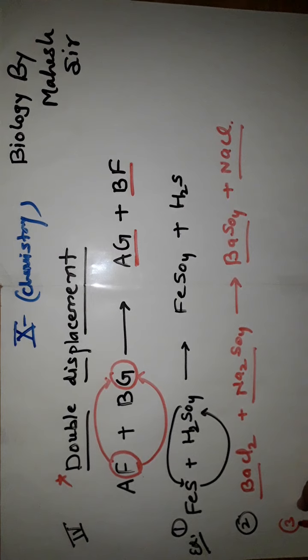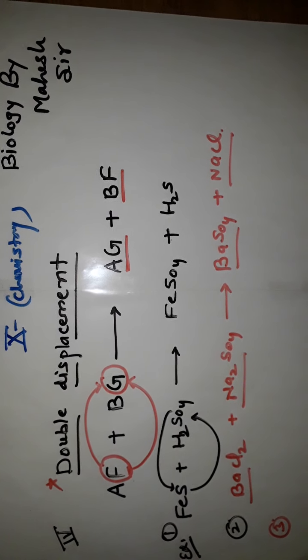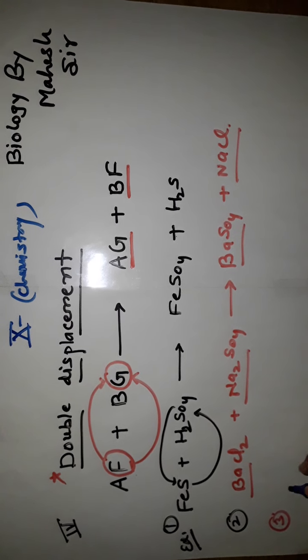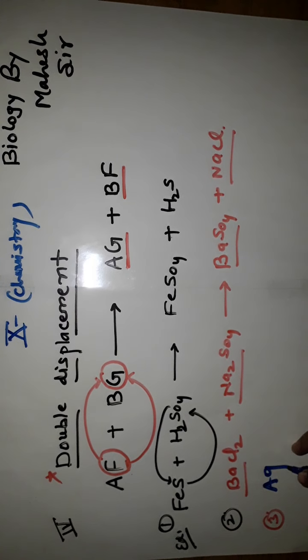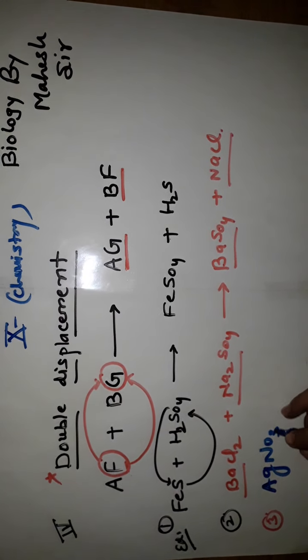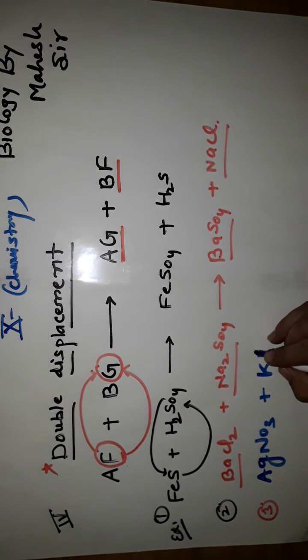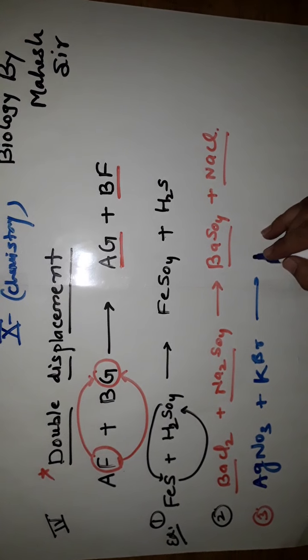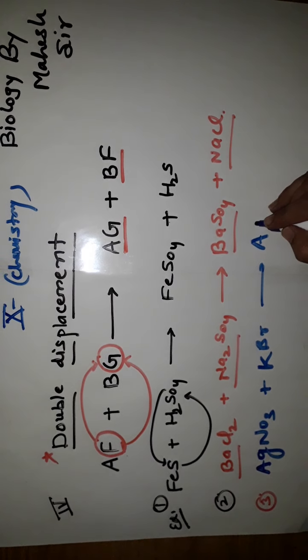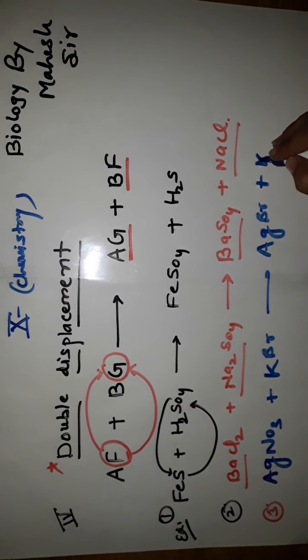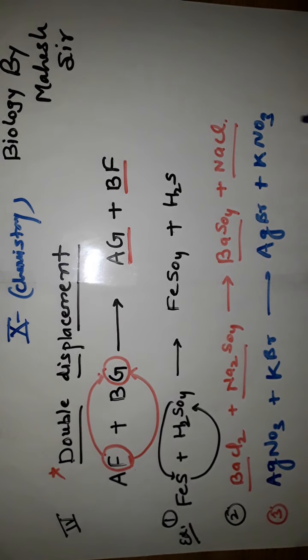Now we can take the third example of double displacement reaction, in which AgNO3 plus KBr react and AgBr plus KNO3 is the product.